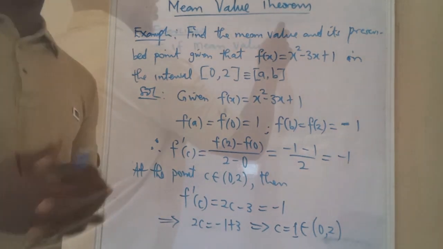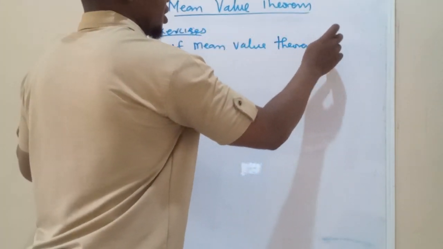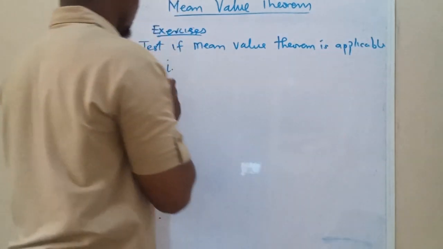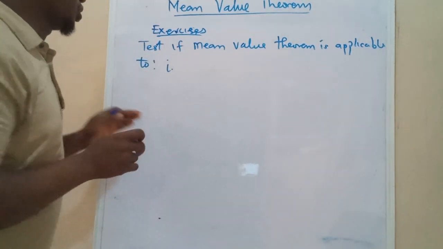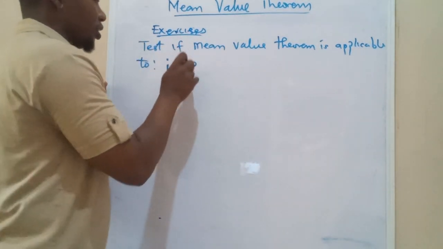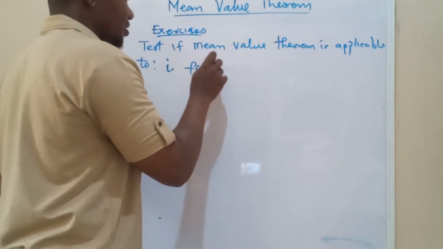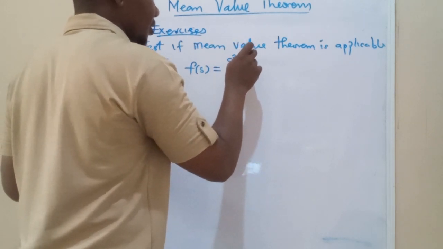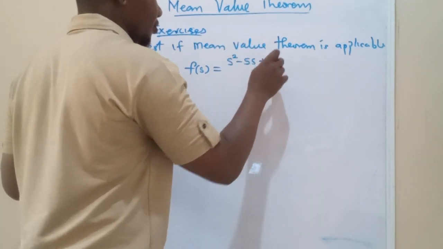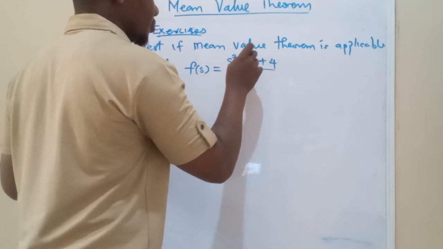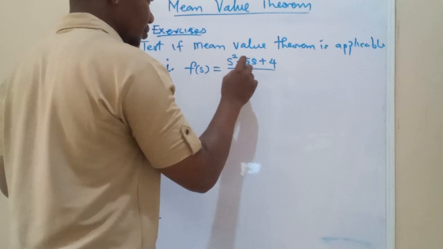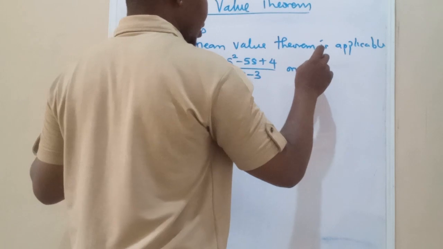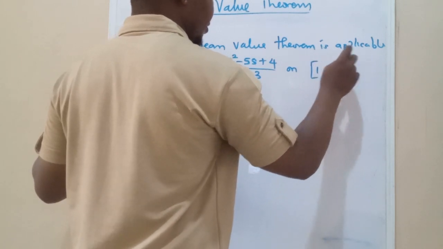There are other examples that one can apply this to. Number 1, the function f of x equal to x squared minus 5x plus 4 with x minus 3 on the interval 1 to 5.